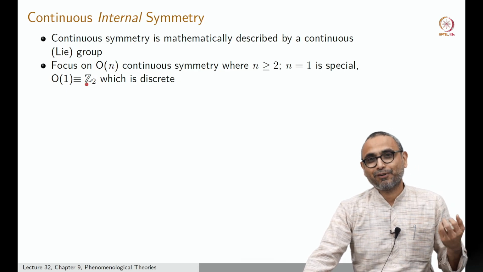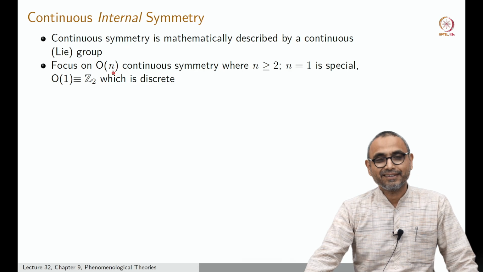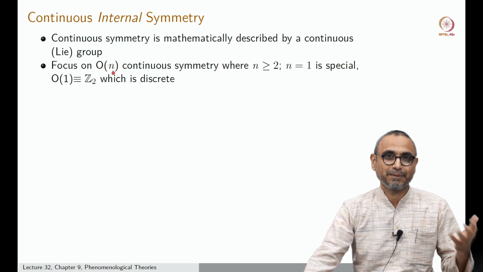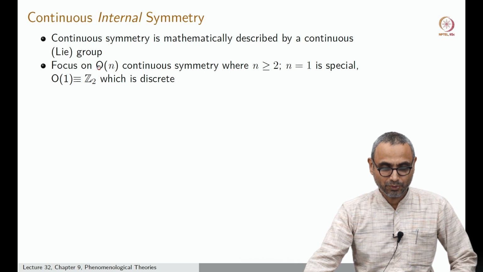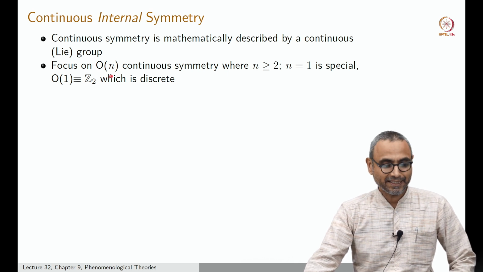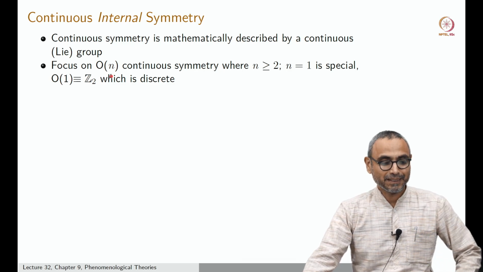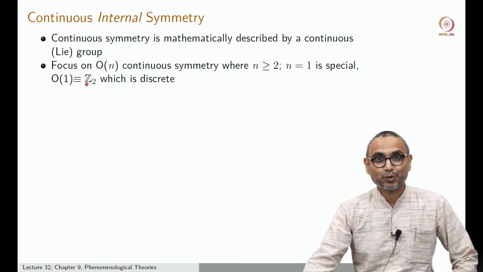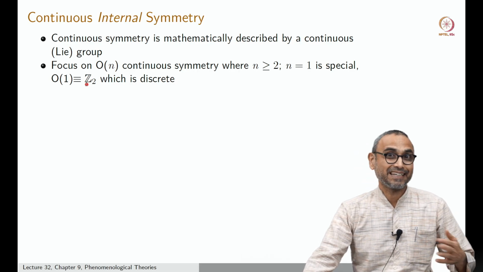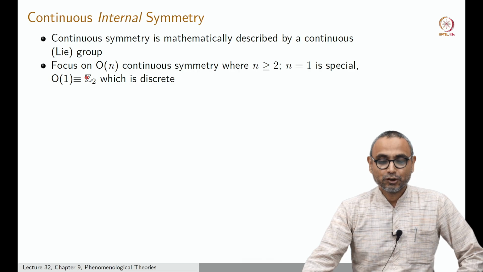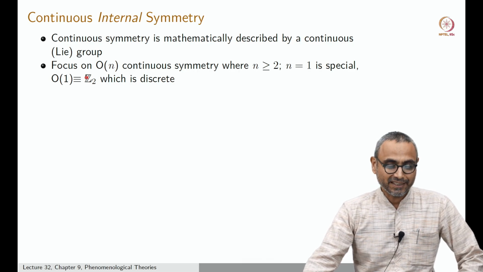So you can see why we are interested in O(N). There are very good physical reasons, because there are many systems that will have O(2), O(3) symmetries. And also from an analysis perspective, O(1) is Z2, so we can actually reproduce all the Ising results by simply putting N equal to 1, right? So that is also a certain advantage.